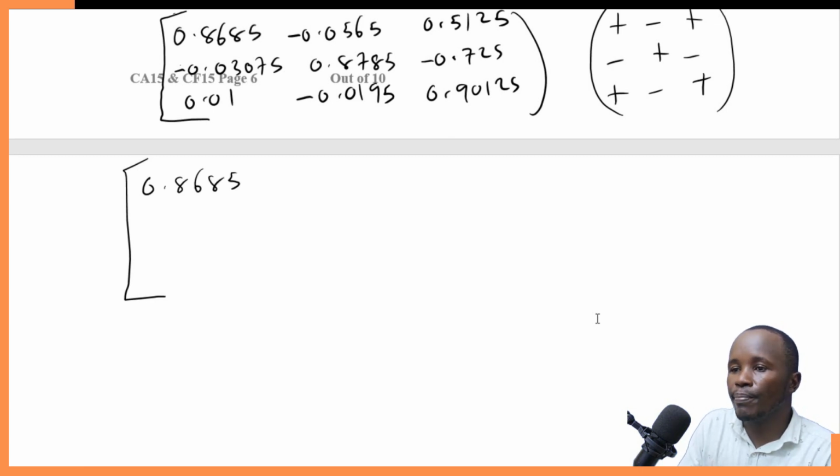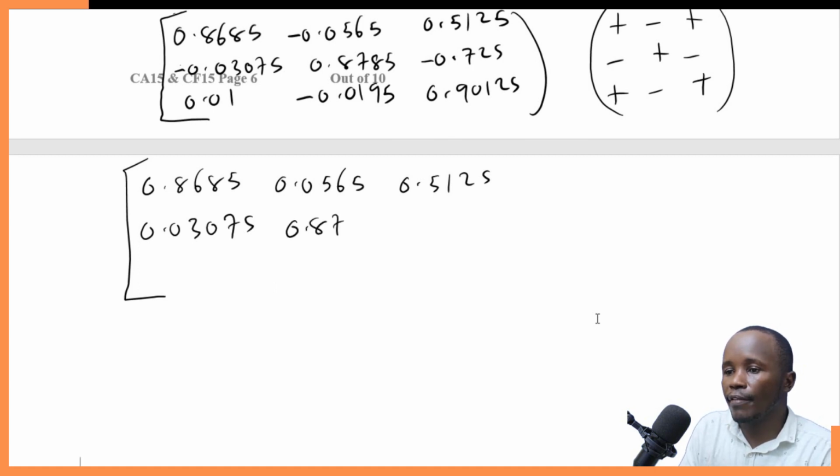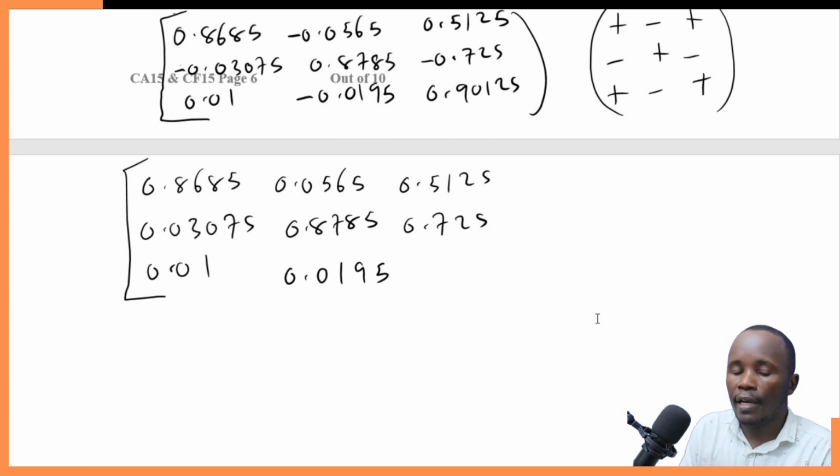Minus and minus give me plus 0.0565. This is 0.5125. Then minus and minus give me plus 0.03075, plus 0.8785. Minus and minus give me 0.725. Then here 0.01. Minus and minus give me 0.0195, and finally 0.90125.